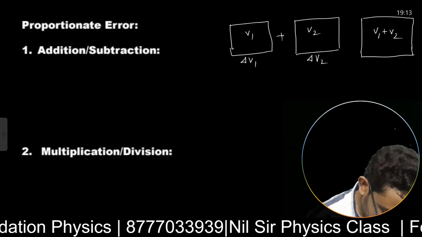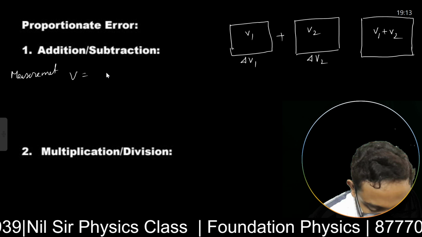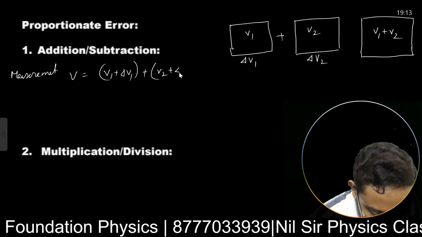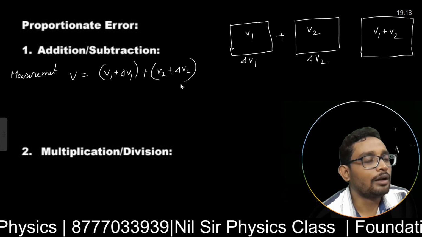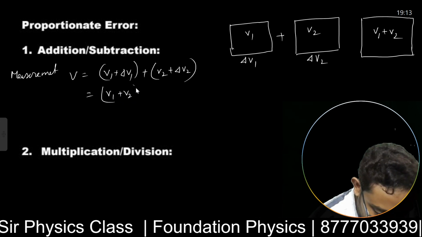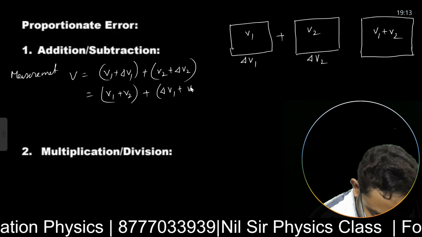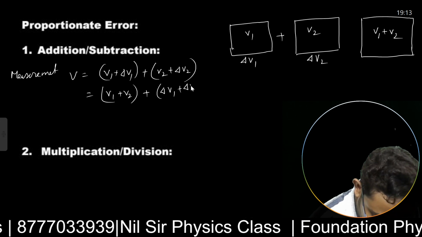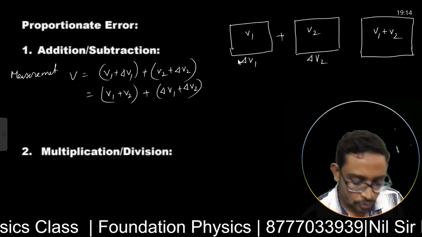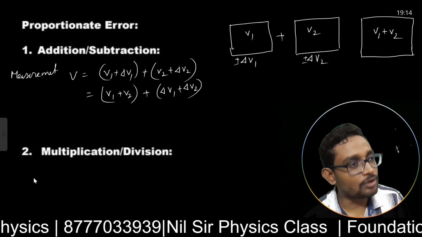So your measurement will be V equals V1 plus delta V1 plus V2 plus delta V2, equals V1 plus V2 plus delta V1 plus delta V2. Each could be either plus or minus, so we will take plus or minus.